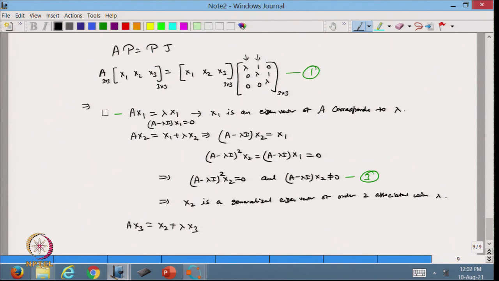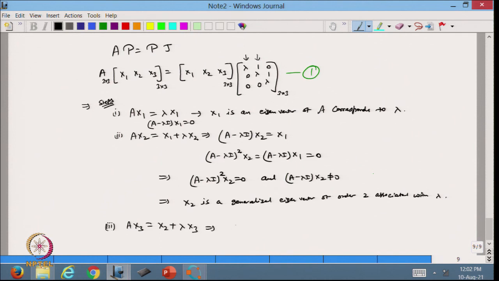Instead of giving these numbers, maybe I can write here first part, second part, steps. So I can write first step, second step, and then the third step. So the third step is this one.